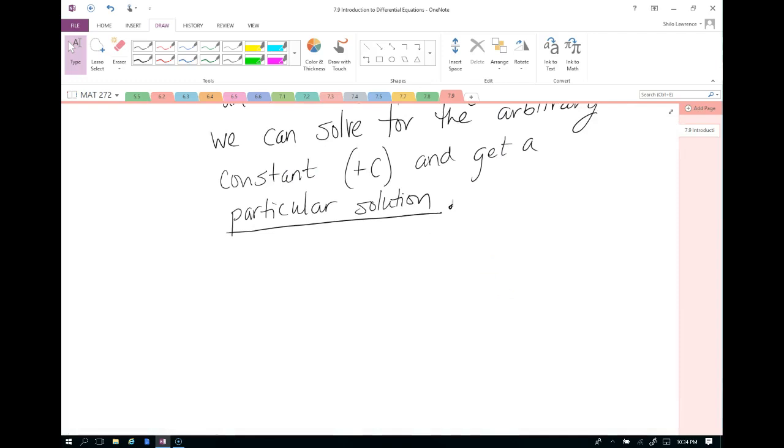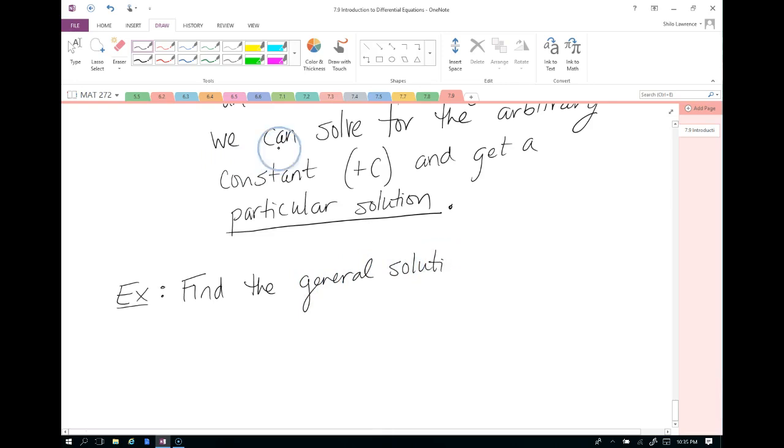So let's actually try a couple general solutions. So our instructions are to find the general solution of each differential equation.